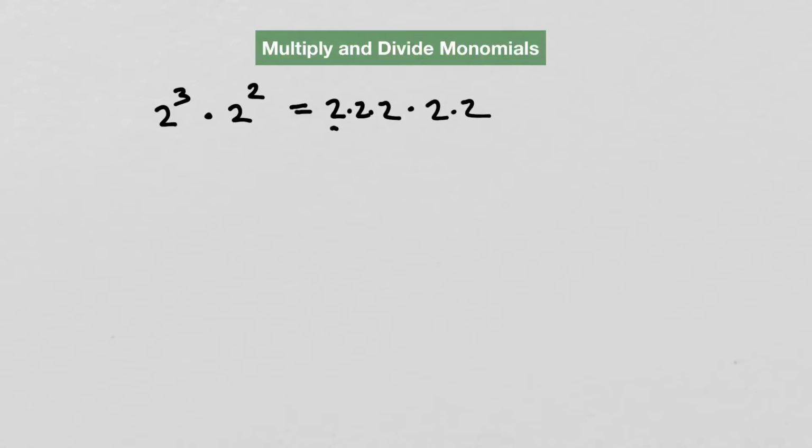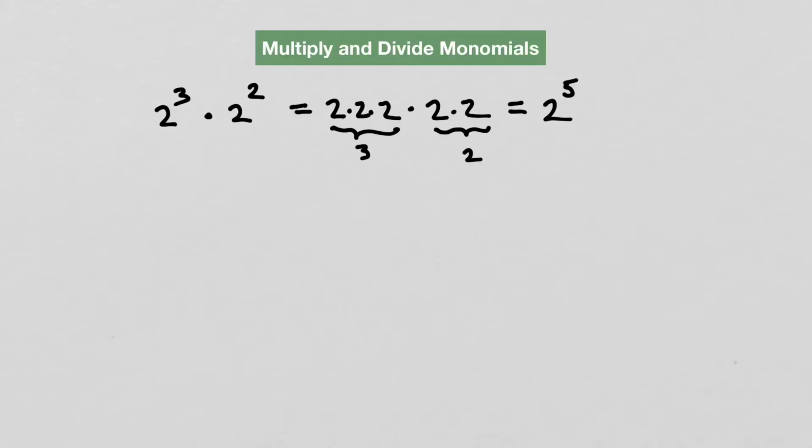So we have 3 of them here, which is your 2 to the 3rd, and then you've got 2 of these here, which is your 2 to the 2nd. Okay, what does that equal? It equals 2 to the what power? How many 2's are there? 1, 2, 3, 4, 5. 2 to the 5th power.